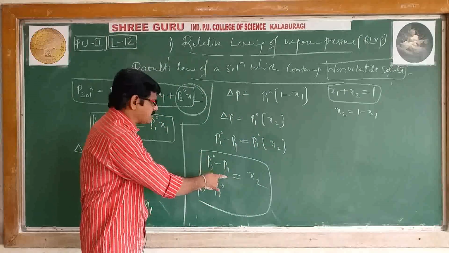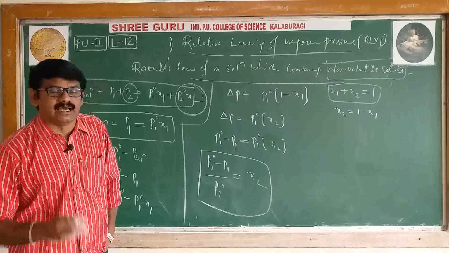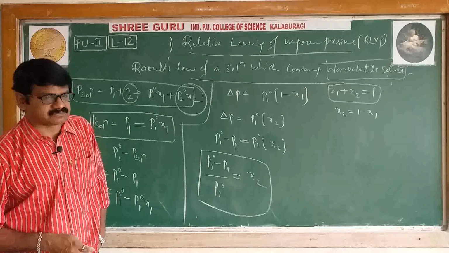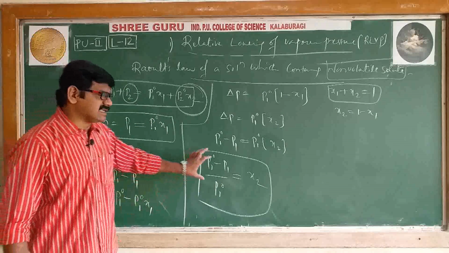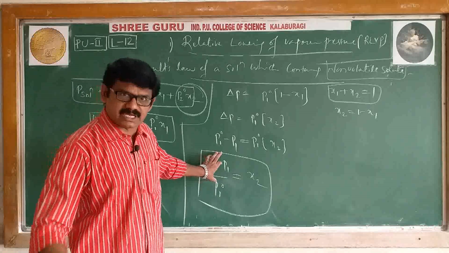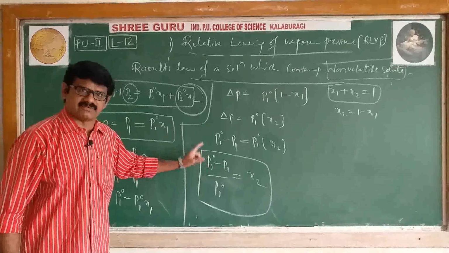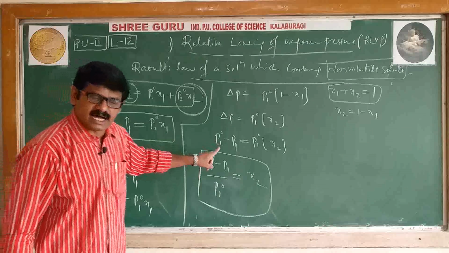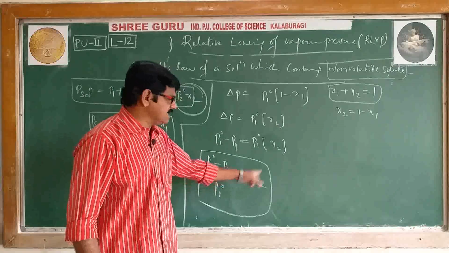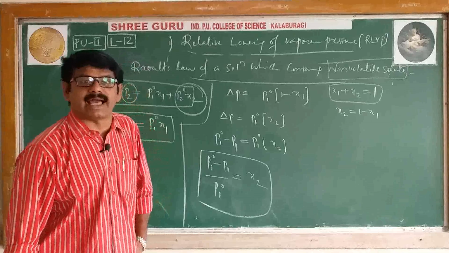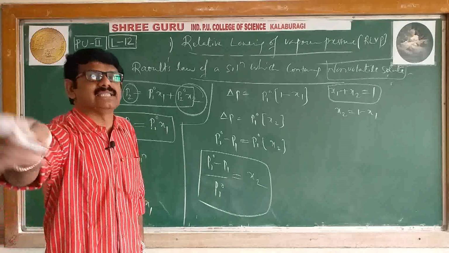Based on this formula, we have to define what is Raoult's law. The relative lowering of vapor pressure of a solution which contains a non-volatile solute is equals to the mole fraction of solute in the solution.